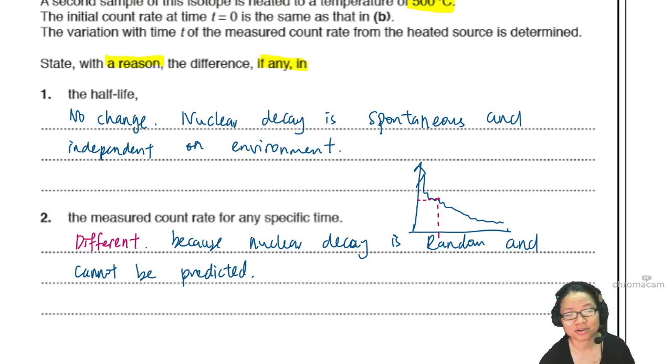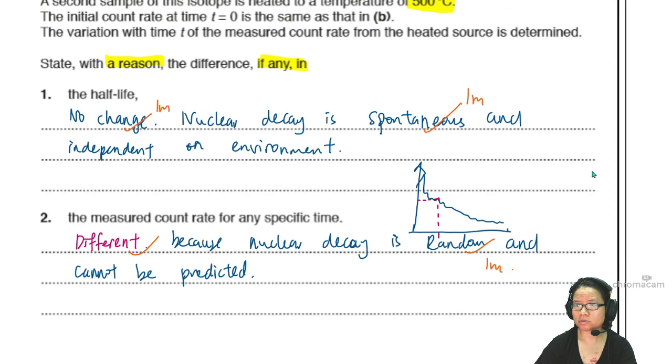But if you want specifically at that particular time this will happen, it's asking too much, okay? Because this is a distribution. All right, so this is the question. These 3 marks here would be 1 mark if you say no change. 1 mark is when you say the decay is spontaneous or doesn't depend on environment. The second one would be different because of the word random.